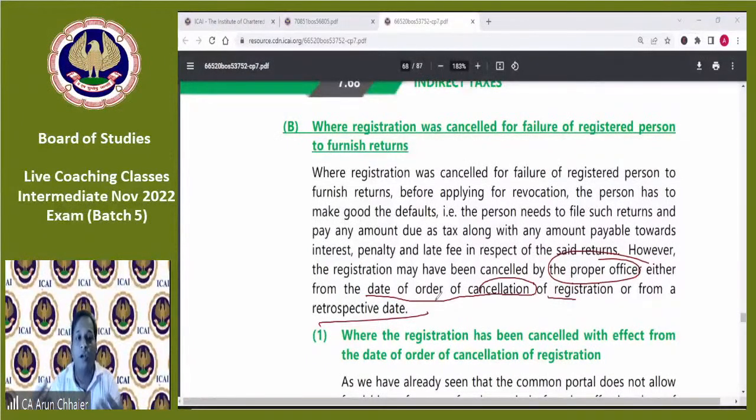Then, because you have not filed the return, you have to file all the pending returns, then file the revocation. Or in the second situation, he can cancel your GST registration from a retrospective date. Then you cannot file the pending returns at all. First, apply for the revocation. He will approve. Then within the time limit prescribed, you have to file all the pending returns.